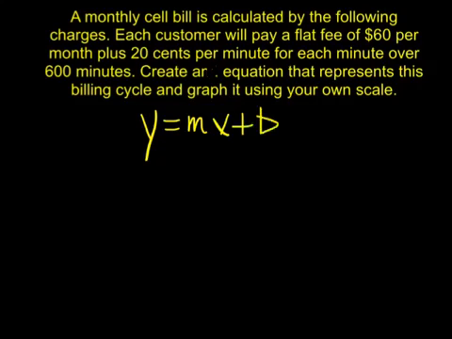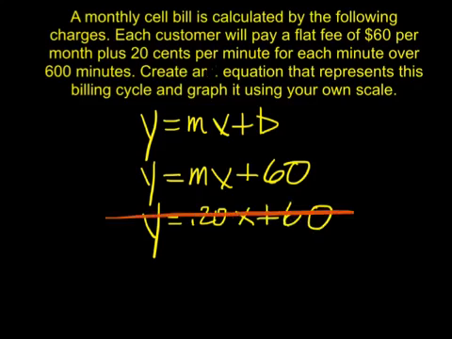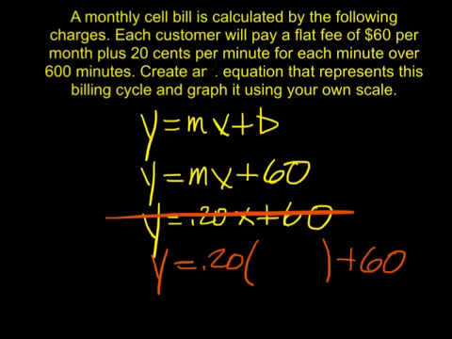You're paying $60 no matter what. So you're going to be adding $60 to whatever calculations you come up with for the minutes. You're paying 20 cents per minute over 600. So at first you may want to do this, but you have to realize that will not give you the right amount. You must do what to the x? Not multiply it.